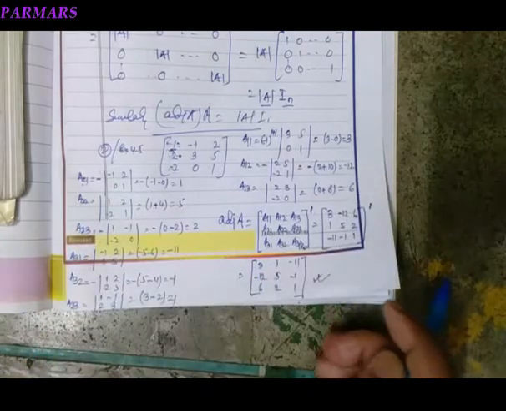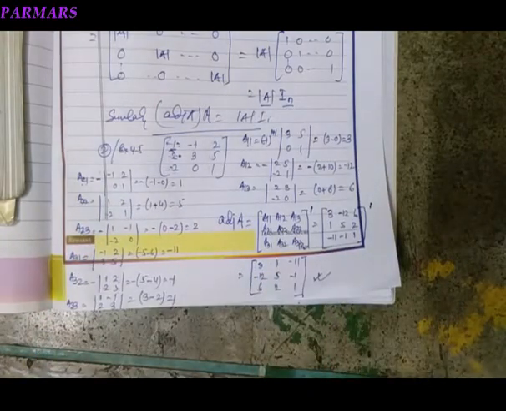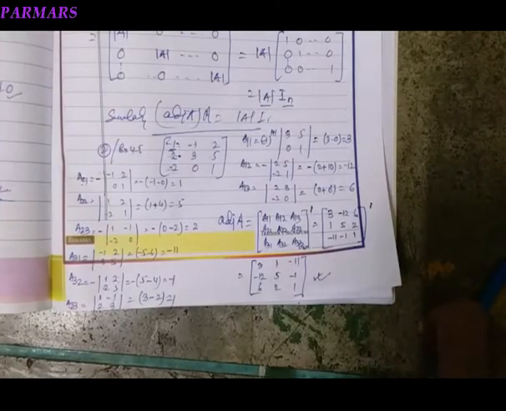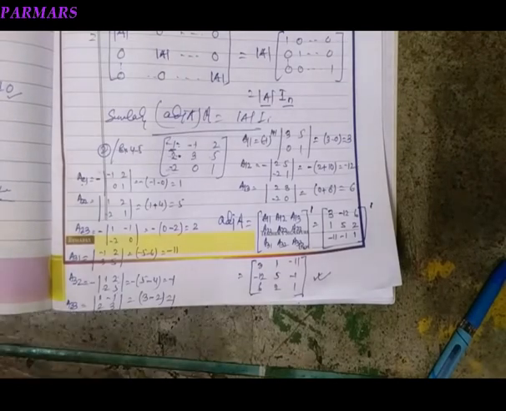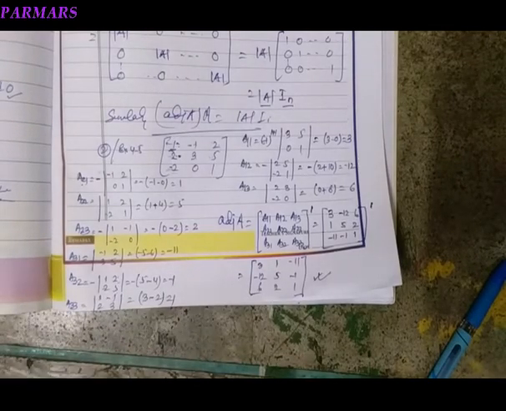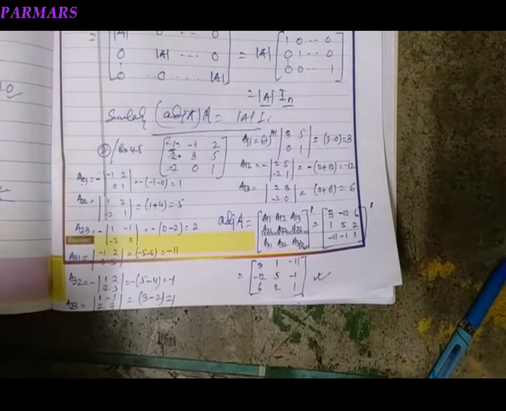So this is an example to find the adjoint of a matrix. How can you find the adjoint of a matrix? And this very exercise contains 18 questions, out of which you are required to find adjoint. I have done this. Then next 6, 7 questions you are required to find inverse.